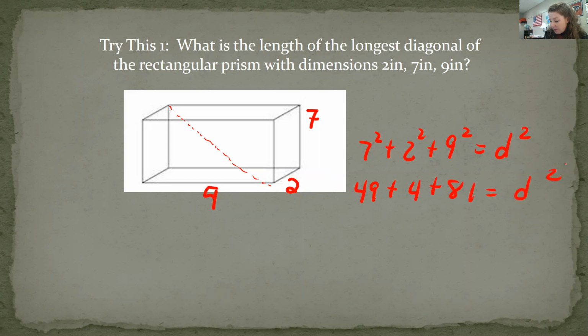My calculator says 49 plus 4 plus 81 equals 134. So the distance is the square root of 134, which is about 11.6. So that's how you guys are going to do those.